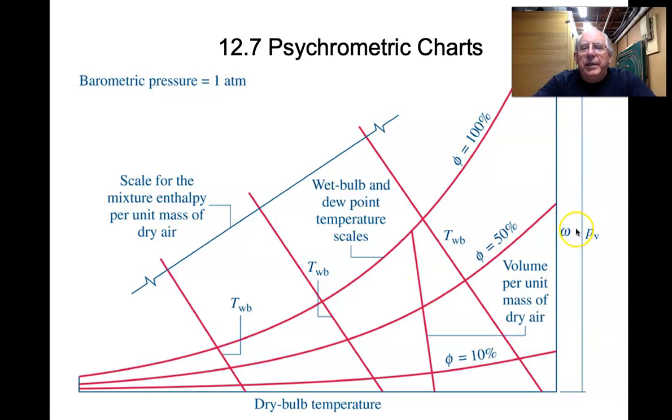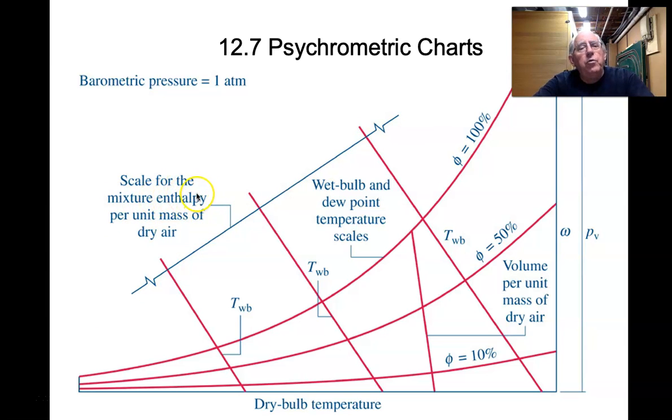The second independent property is the dry bulb temperature, and that is just the mixture temperature associated with the two substances together. What else is plotted on this chart is another scale, up at an angle here, and it is the scale for the mixture enthalpy.